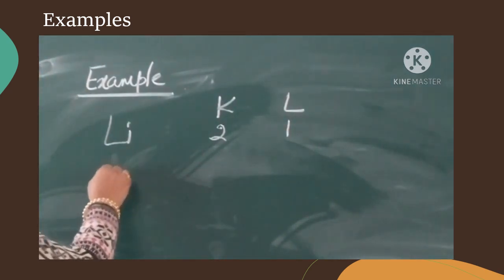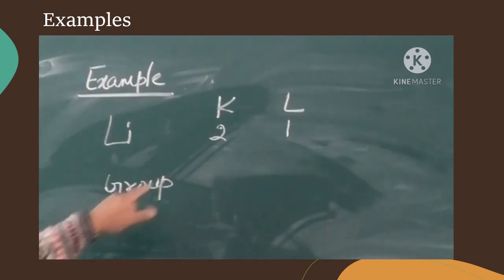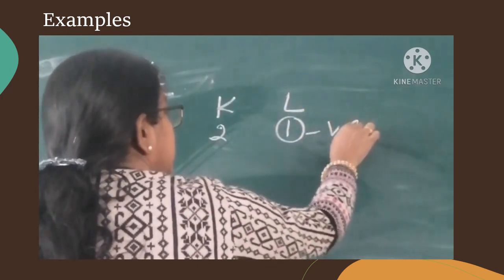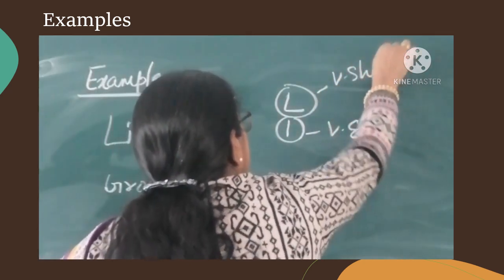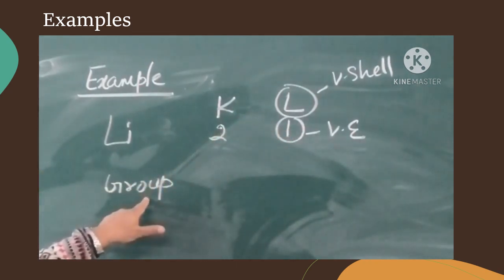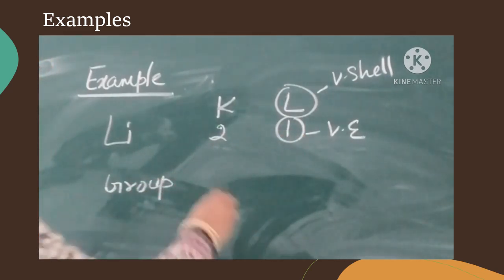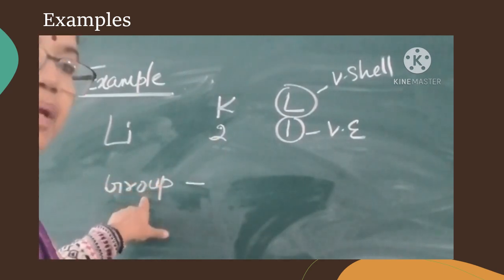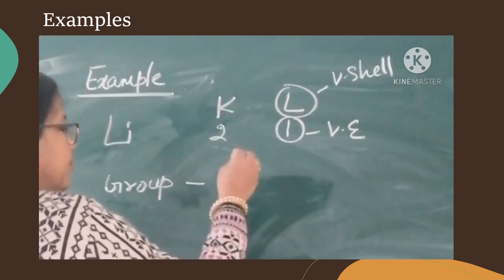How will you find the position of lithium in the group? This 1 is the valence electron and L is the valence shell. The valence electron decides the position of an element in the group. As it has 1 electron in the valence shell, and elements with 1 and 2 valence electrons are in group number 1 and 2, here 1 valence electron means group number 1, first group.